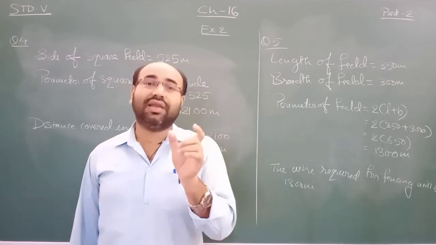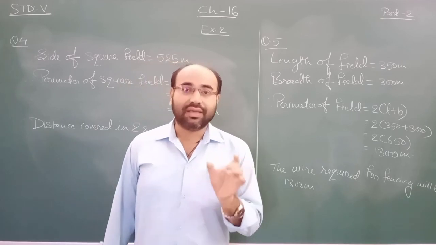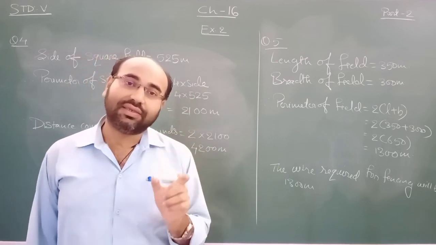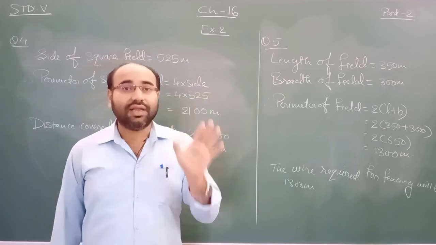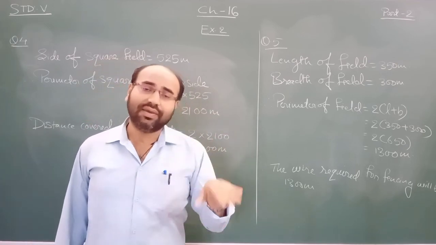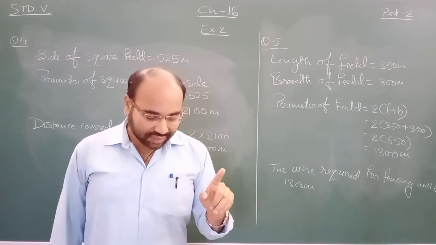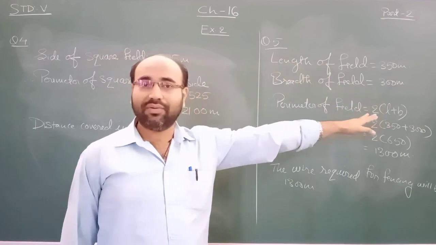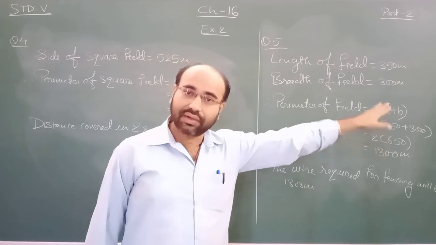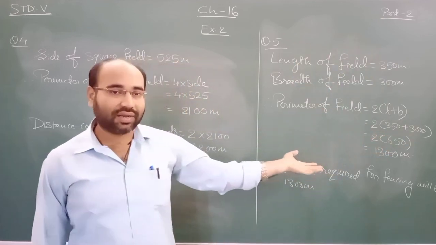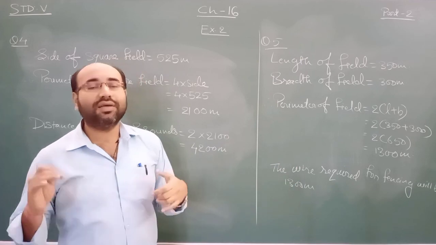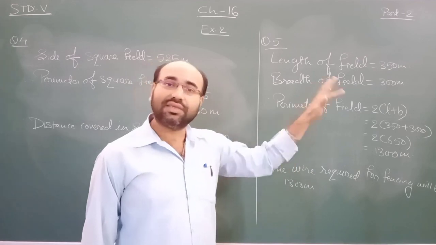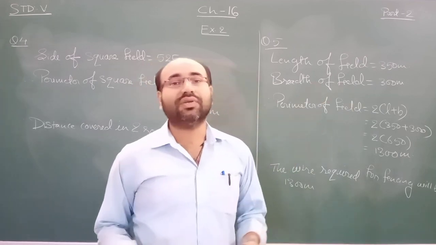Just to confuse you, the word length is being used. ठीक है, वह कंफ्यूज करने के लिए ही दिया है। स्क्वायर की all sides are equal, so उसकी लेंथ हो ब्रेथ हो कुछ भी दिया हो it will be always same, इसलिए एक ही दिया होगा। So that is given. So what you will write down? Side of square courtyard, therefore perimeter of square courtyard you find out 4 into side, and whatever the answer you are getting, that much wire will be required for fencing the square courtyard. यहाँ पर rectangle था, 6th one में square है, so the formula will change into 4 into side.